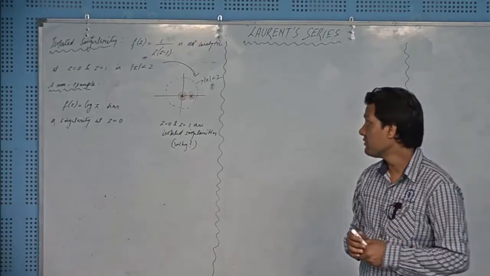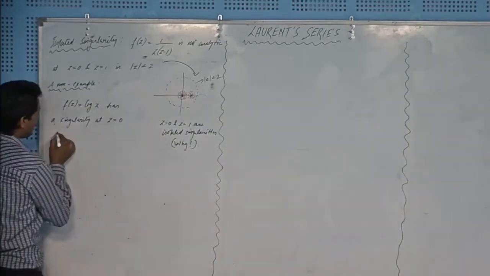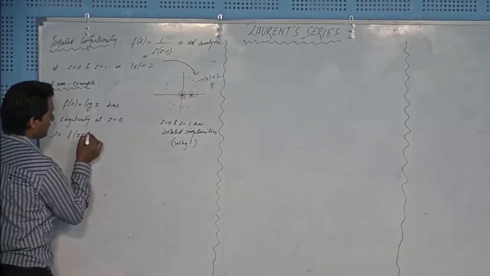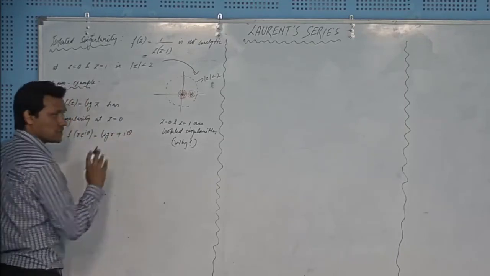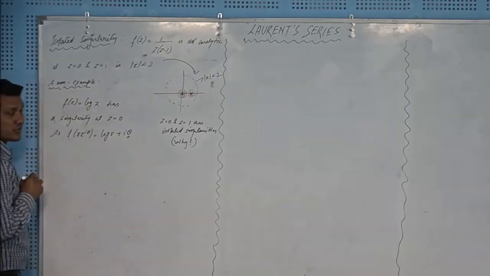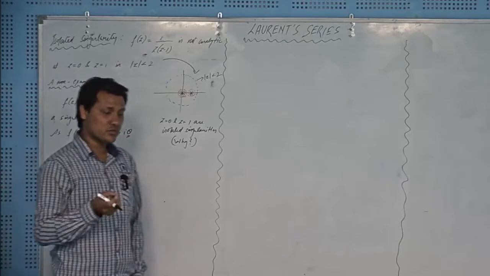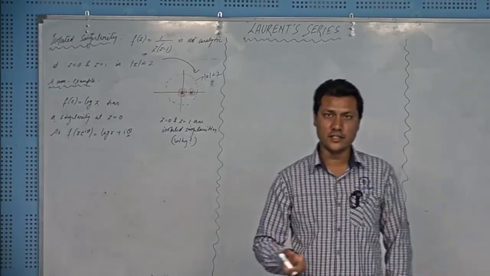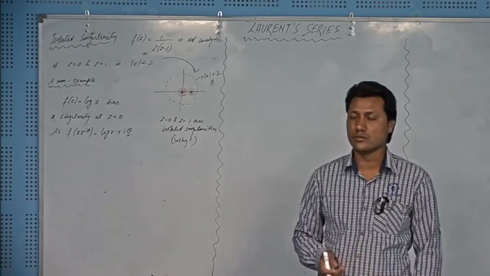And why does it become multi-valued? If I put z equal to r e to the power iota theta, then it will become log r plus iota theta. That's simple. Due to this theta, it becomes a multi-valued function. Why? Because taking any point on the complex plane, suppose you have a point z naught which has an angle of 30 degrees with the positive direction of the x-axis.